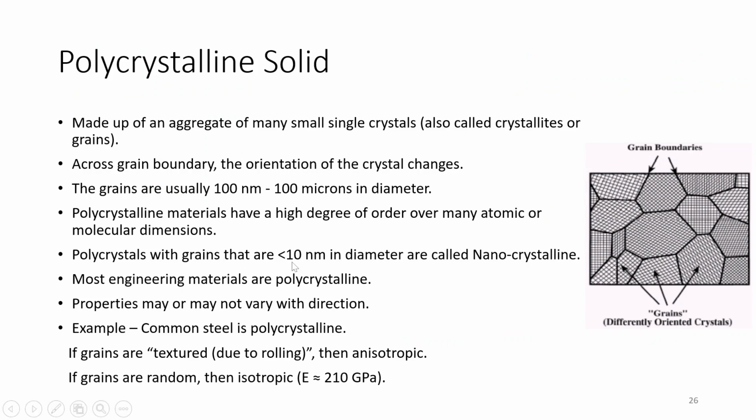The grains are usually 100 nanometer to 100 micron in diameter for all the materials that are found around us.